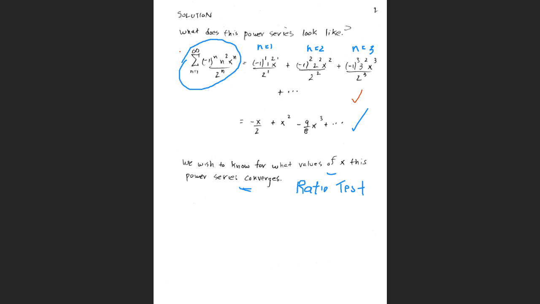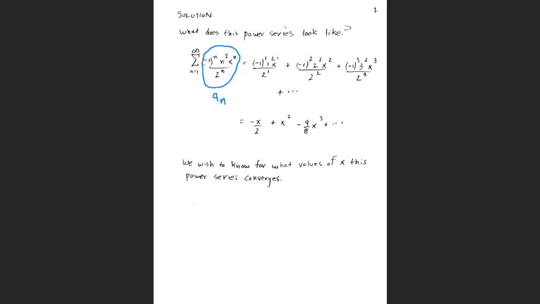So the ratio test is actually the test we're going to use here to help us. All right, let's remember what this is here. This is our series, right? The terms of your series are a sub n, so the nth term of the series.